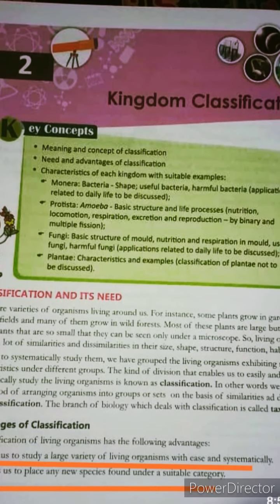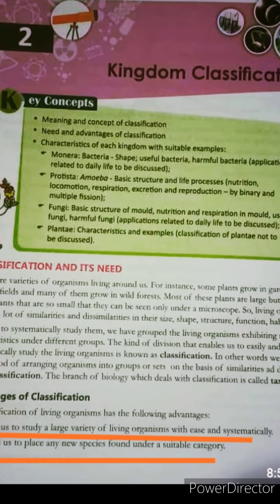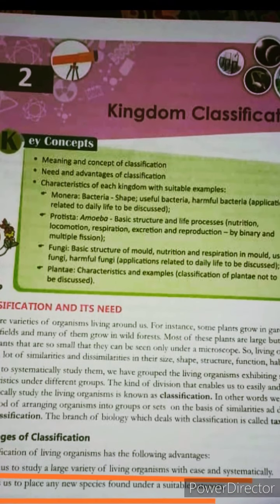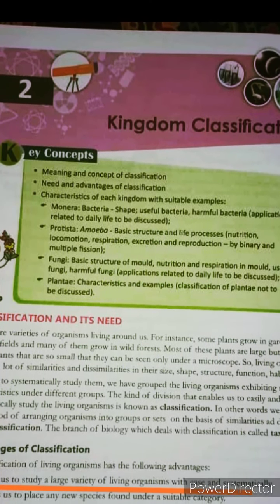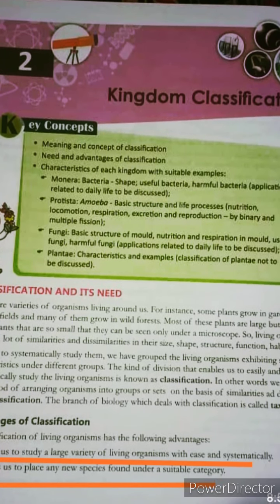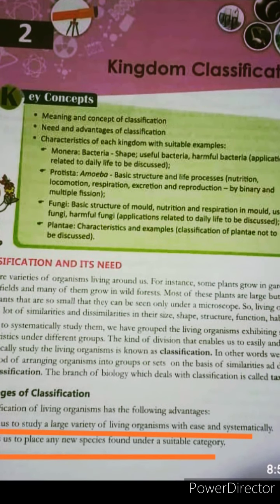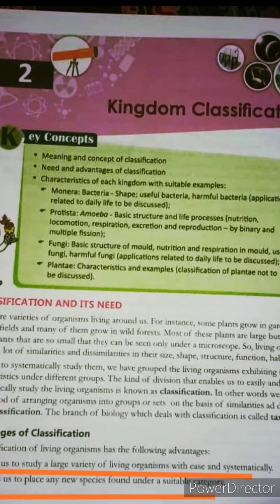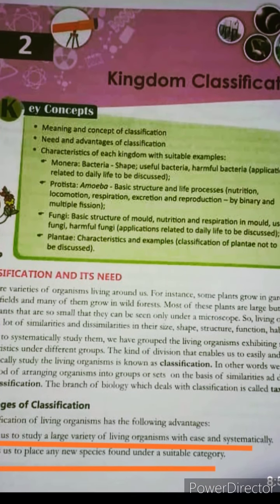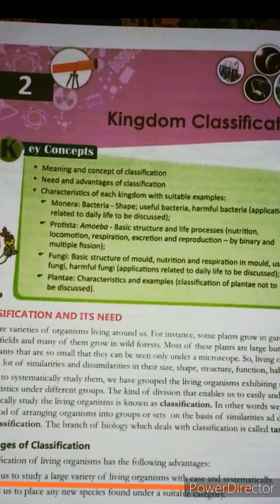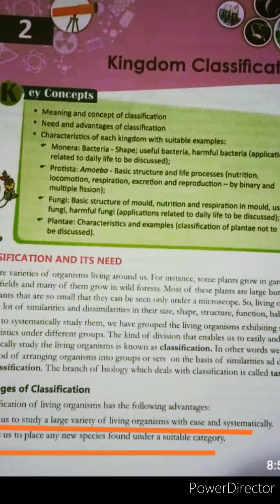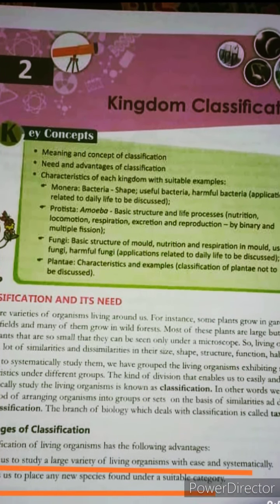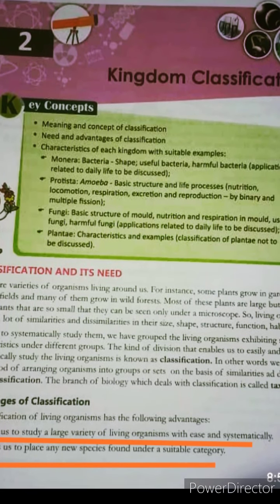And second, it helps us to place a new species found under a suitable category. This means if a scientist or a botanist finds a new species, they have to categorize it and put it under a group. If a classification exists, they can easily put that species under a particular category. In this way, it helps us to place a new species under a suitable category.